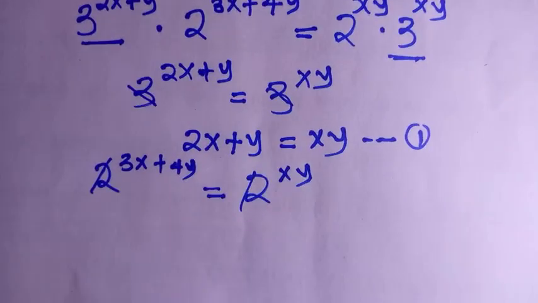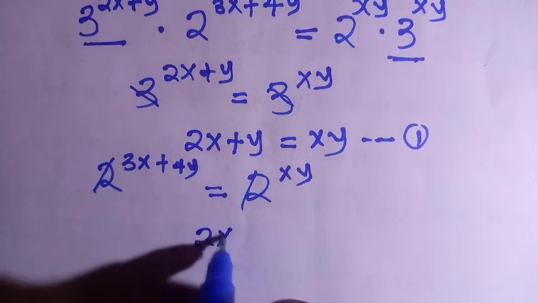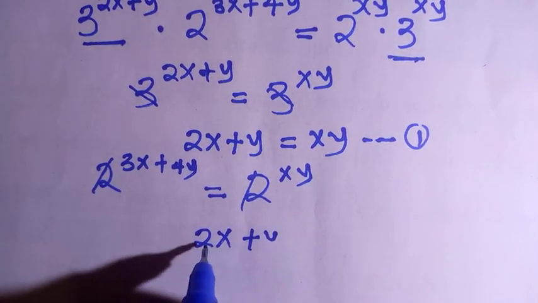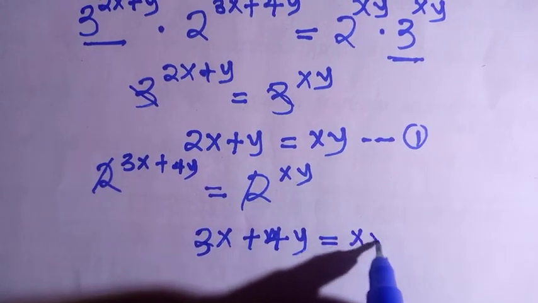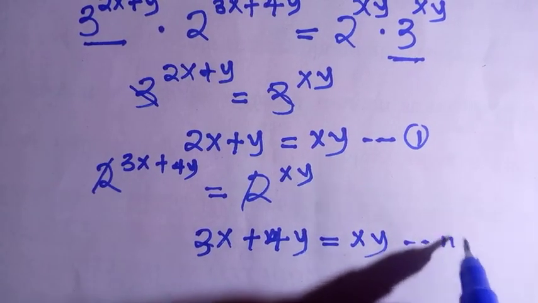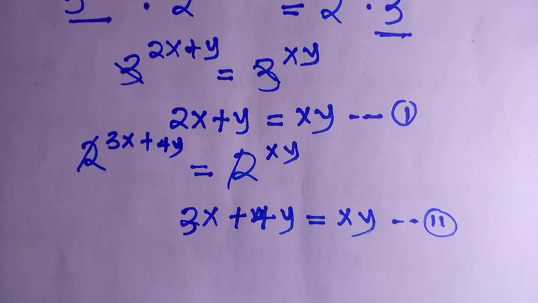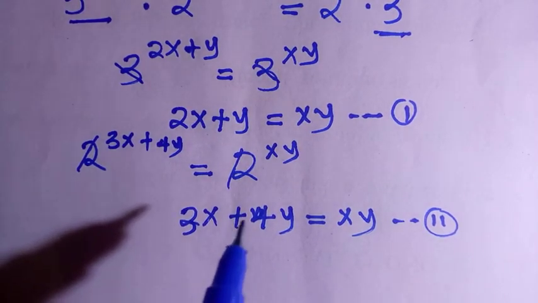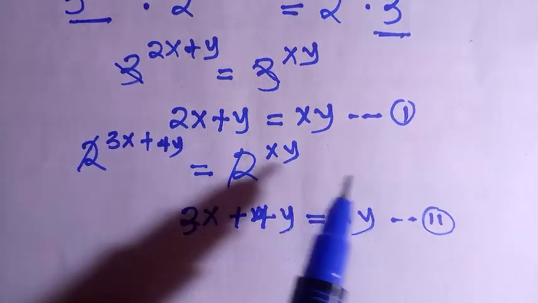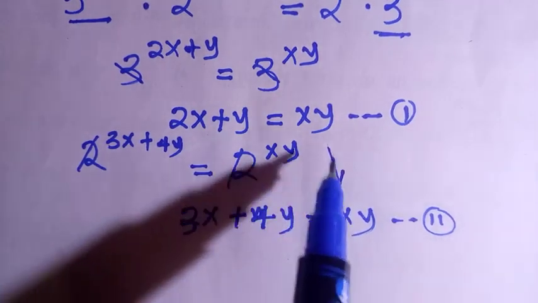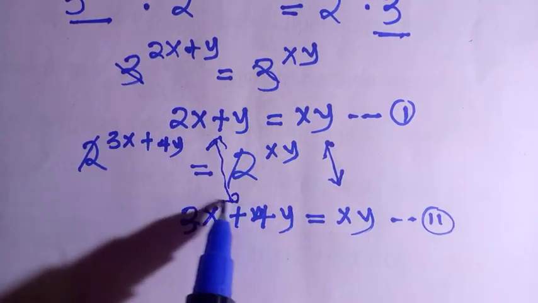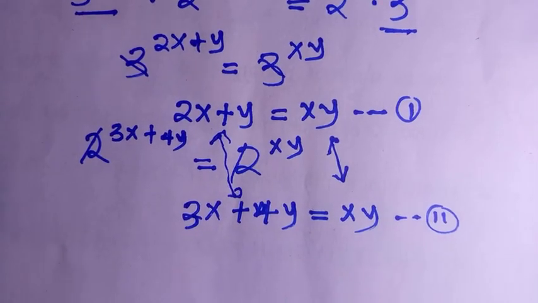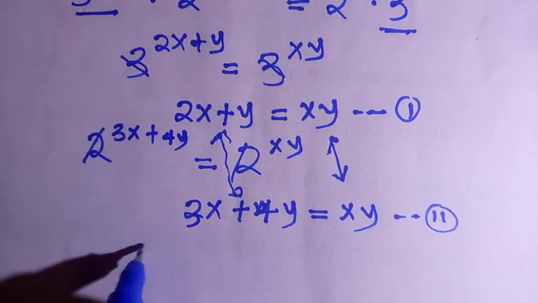Cancelling these as well, the power remains 3x plus 4y equals xy, and this is equation 2. But looking at these two equations, both of them equal xy, so we can also equate these two together, just to get something meaningful.